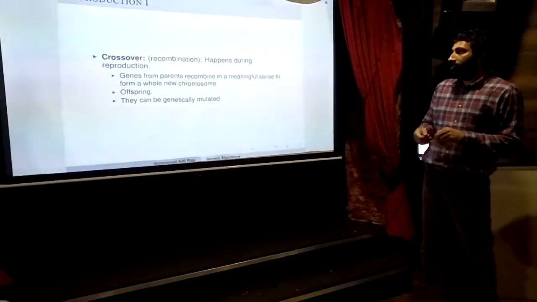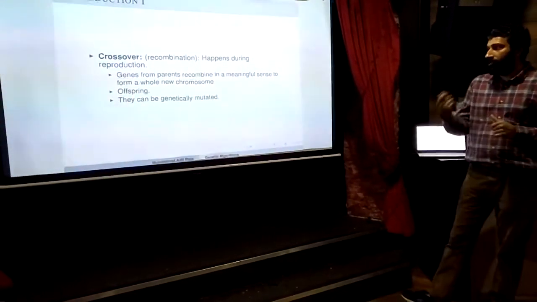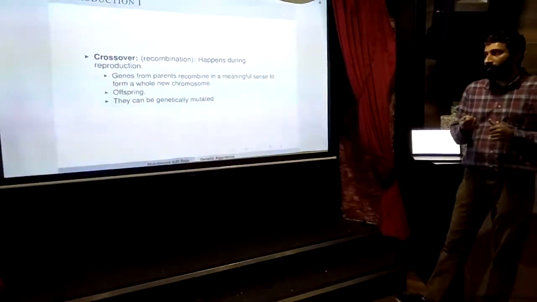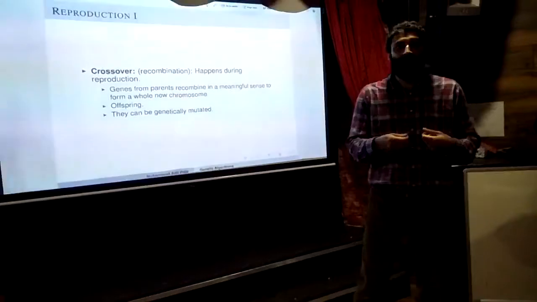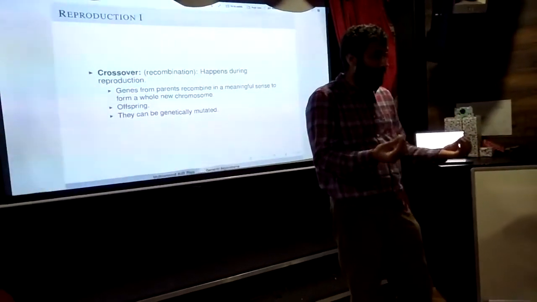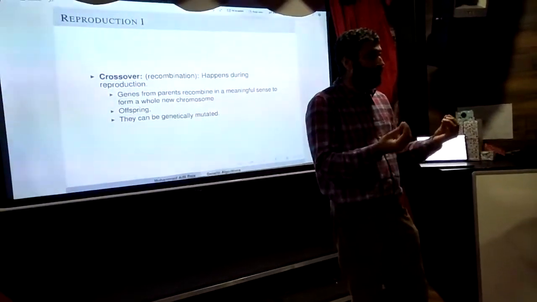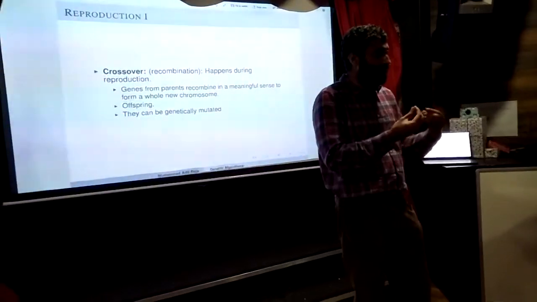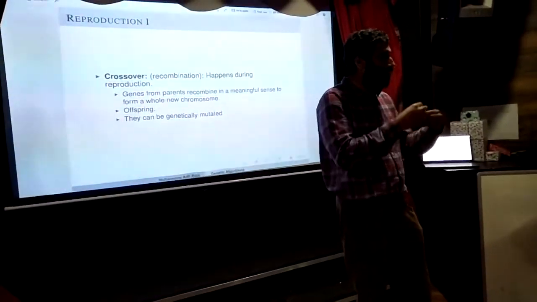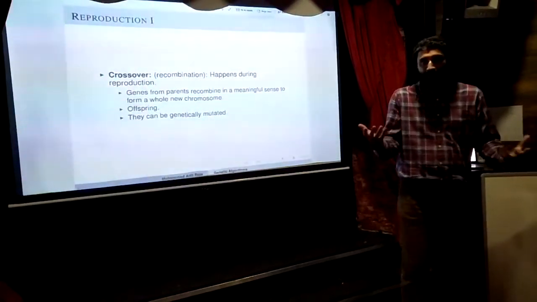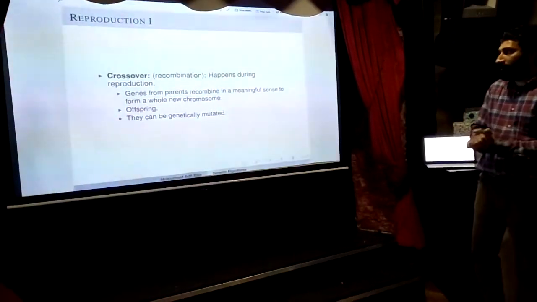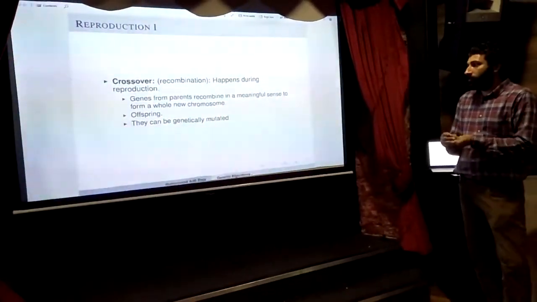So genes from the parents recombine in a meaningful sense to form a whole new chromosome, and this leads to newer offspring, which is going to be different from their parents because of the way the crossover has happened, and they're also going to retain some similarities to their parents as well. So we are just going to explain that in a while.